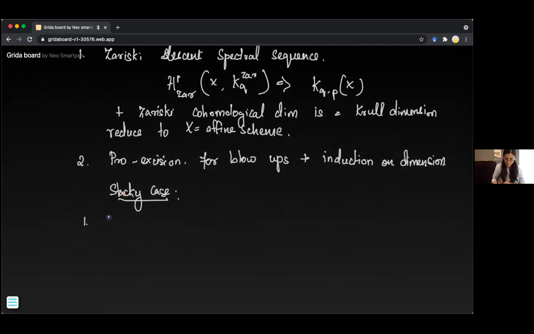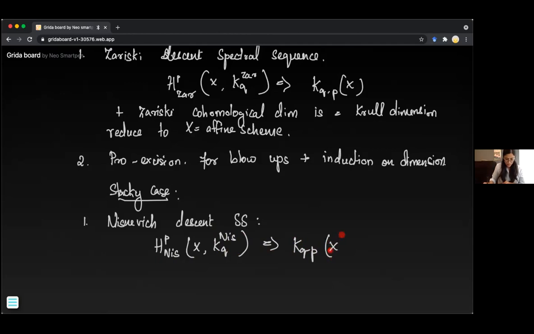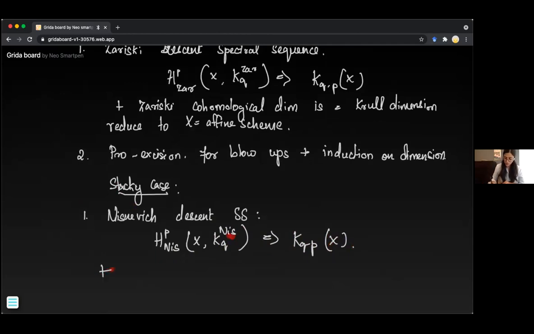So first, you have a Nisnevich descent spectral sequence which converges to KH minus i of X. And we show that the Nisnevich cohomological dimension, although we don't know that it's bounded by the Krull dimension, we can still show that it is bounded by something called the covering dimension of the stack.